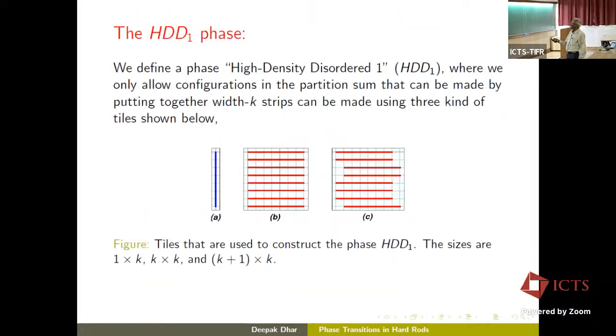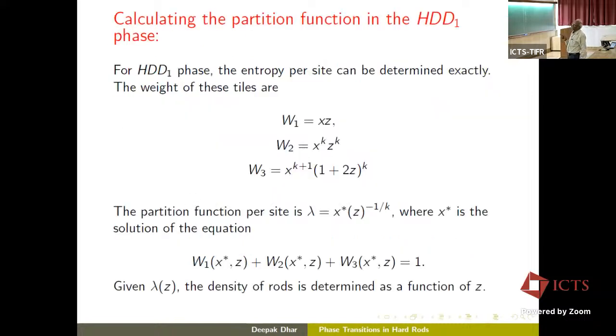W2 is x to the power k, z to the power k. Sorry, W3 is x to the power k plus 1 because there is one extra. But now the horizontal stuff can be put in 2 ways. So it is 2 to the power k, 1 plus 2z to the power k.